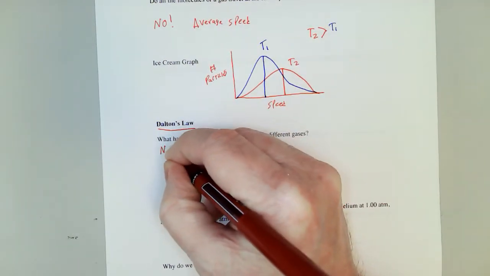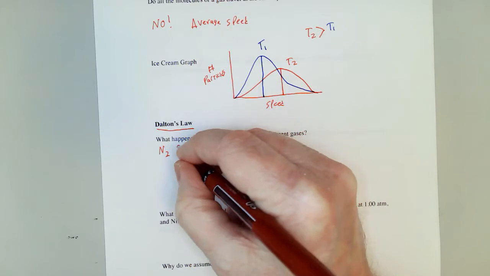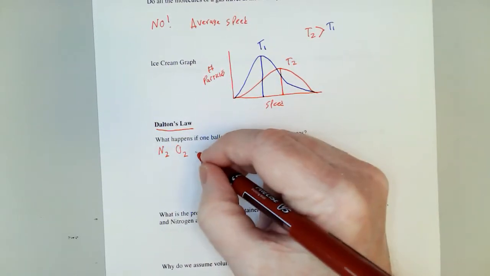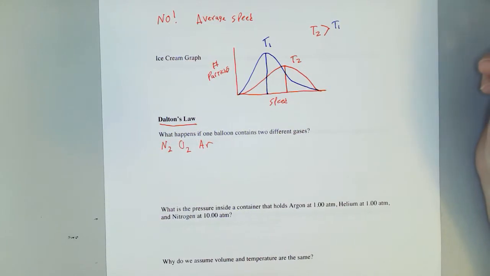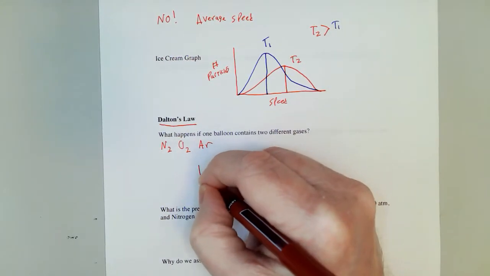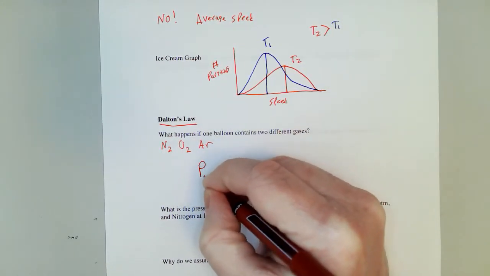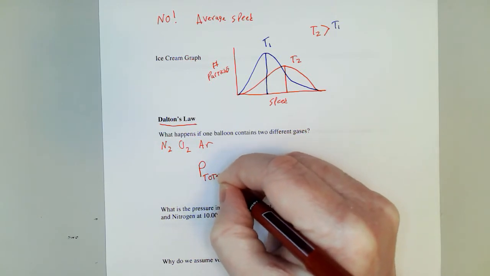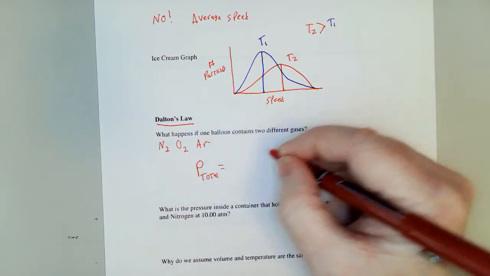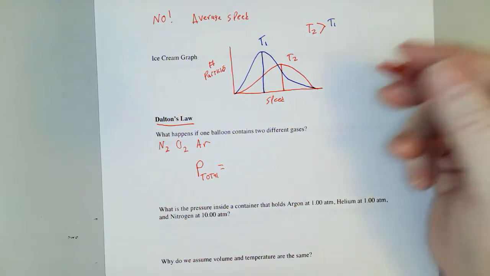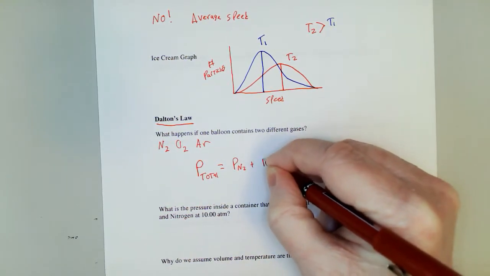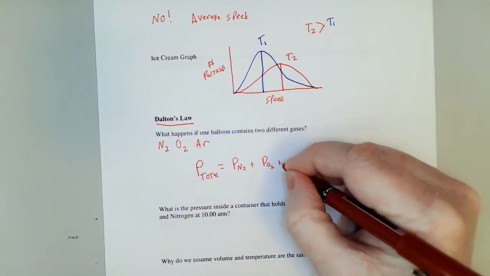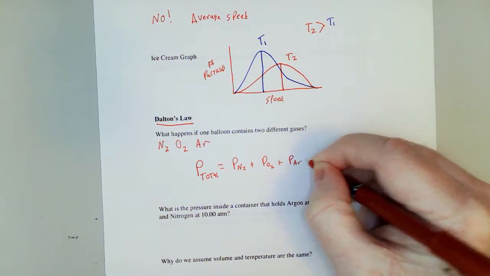We've got nitrogen, mostly, oxygen, and the third most prominent, believe it or not, is argon. So, the total pressure, P total, in the gas that's in our balloon, which is just air, will be the pressure of the nitrogen plus the pressure of the oxygen plus the pressure of the argon.